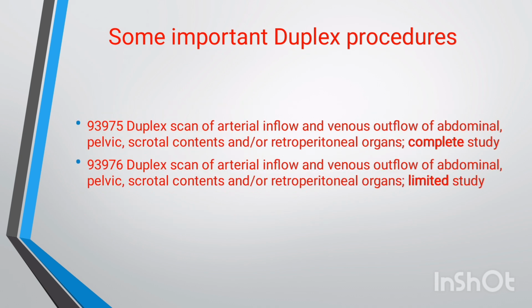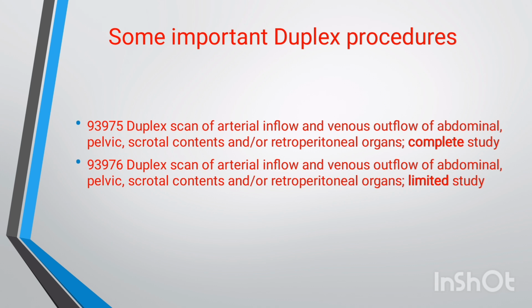We have two different CPT codes in order to bill the duplex scan of arterial inflow and venous outflow of abdomen, pelvis and scrotal contents along with retroperitoneal organs. For complete study, we need both the arterial inflow and the venous outflow. In case out of these two only a single thing is documented inside the report, then we need to bill it with a limited code, that is CPT 93976.